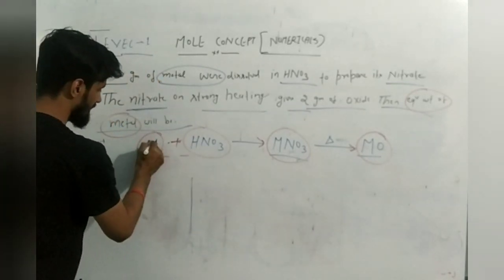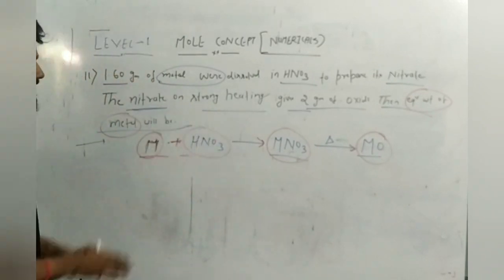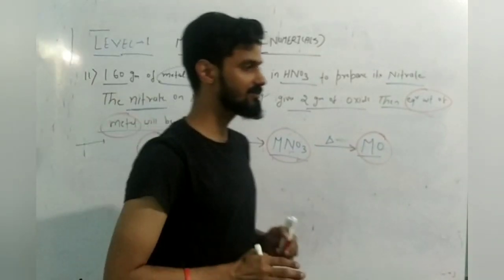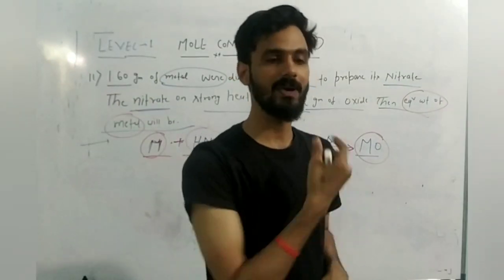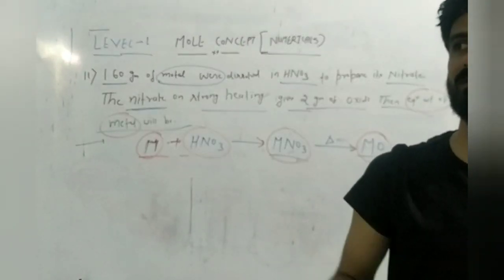Now understand, if you are using the equivalent weight concept, you don't have to write the full reaction. You don't have to write the stoichiometric balance of the reaction. Without any stoichiometry, you can solve the numerical.